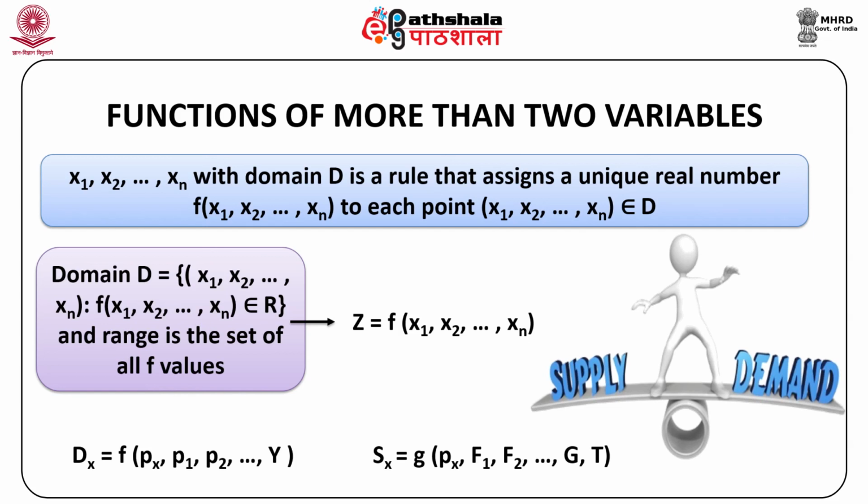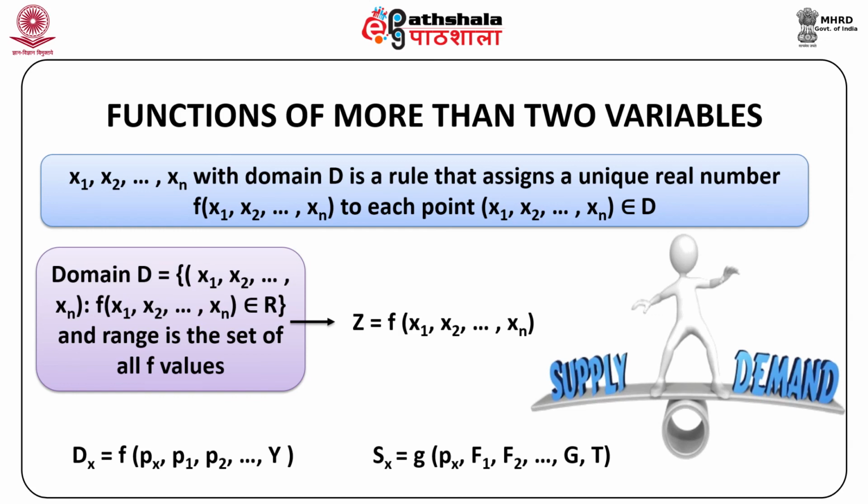Demand and supply for a commodity in economics typically depend on a number of factors. For instance, demand depends on own price, price of other related goods, income level of the consumer, taste preferences, etc. Supply depends on own price, price of inputs, goal of the producer, state of technology, etc. Dx is equal to f(px, p1, p2 till y).